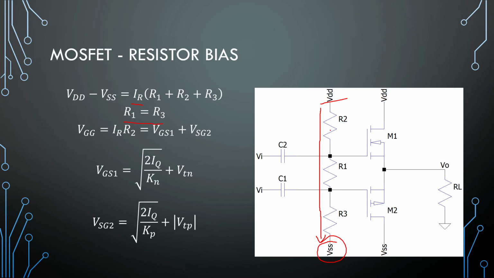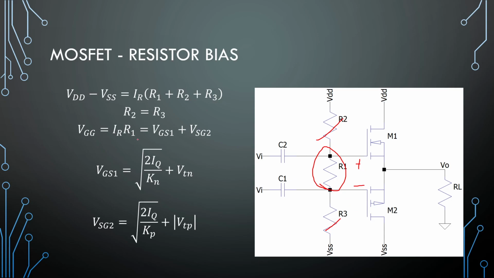R1 will be equal to R3. No, sorry, R2. R2 will be equal to R3. There, fixed. Sorry about that. So this top resistor and bottom resistor will be the same. R1 right here will be responsible for our VGG value.